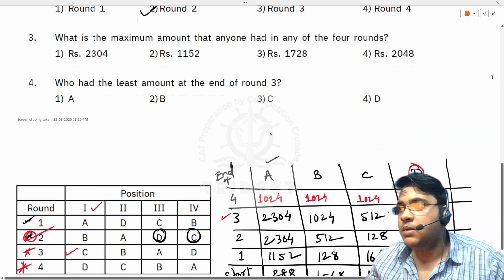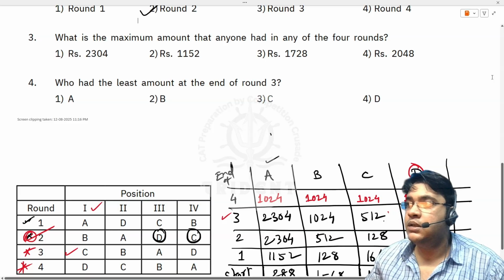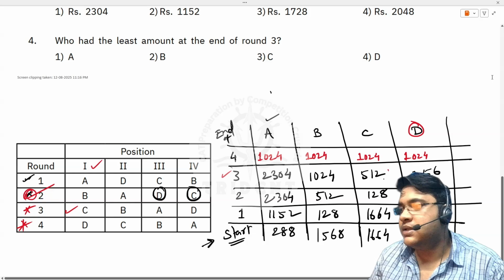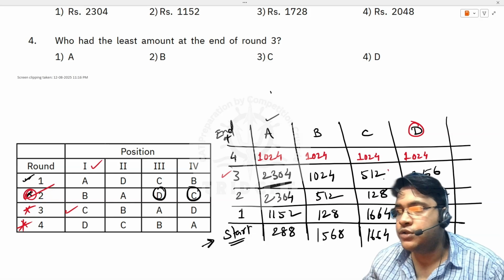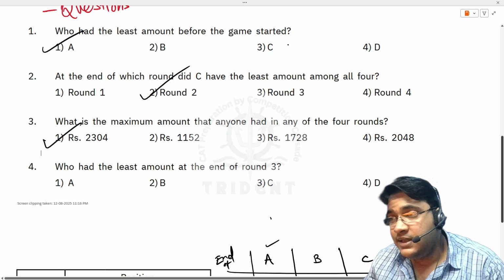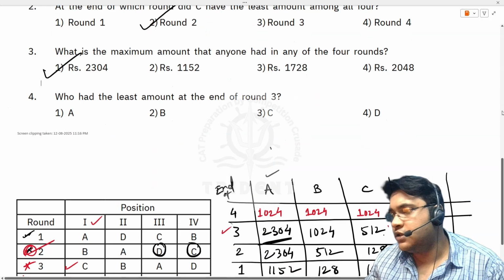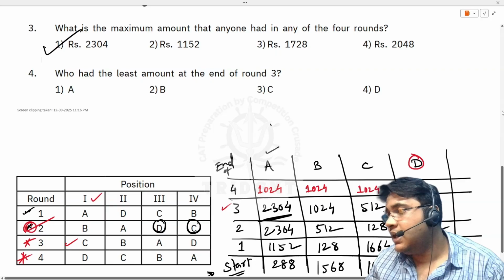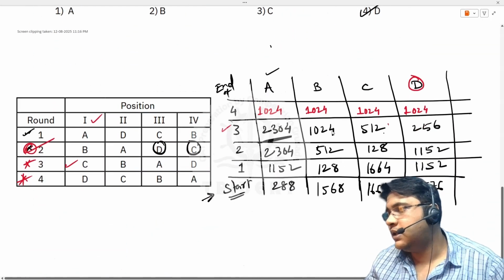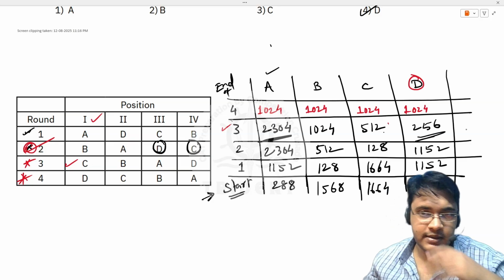What is the maximum amount that anyone had in any of the 4 rounds? The maximum amount you can see has not exceeded 2034. So that has to be my answer. Who had the least amount at the end of round 3? So we are specifically looking at round 3 and the least amount is with D. Okay, that is 256.